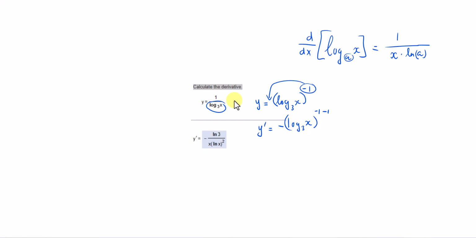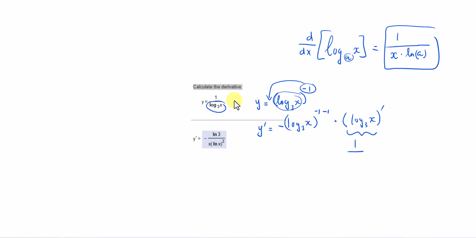Now, because there is an inside function, I'm going to multiply by the derivative of the inside function due to the chain rule, right? So we have the inside function, and I'm going to take the derivative of that according to this formula. The base a is 3 in this case.